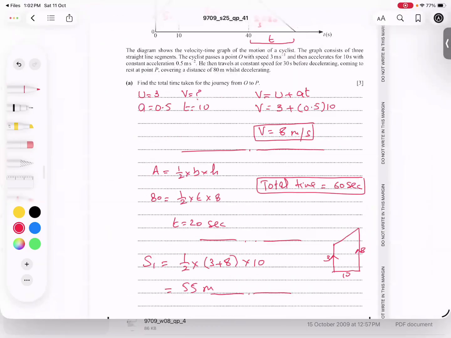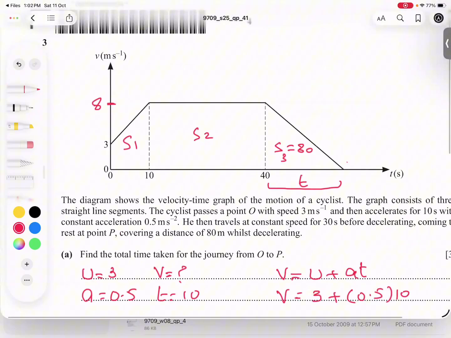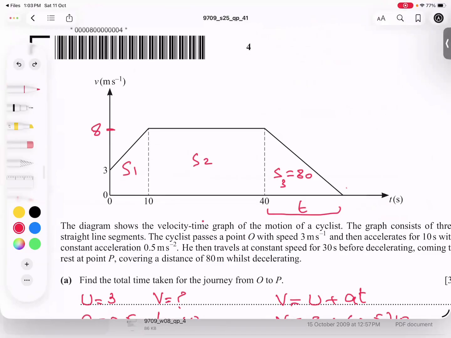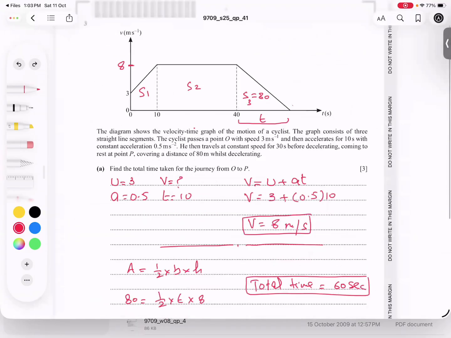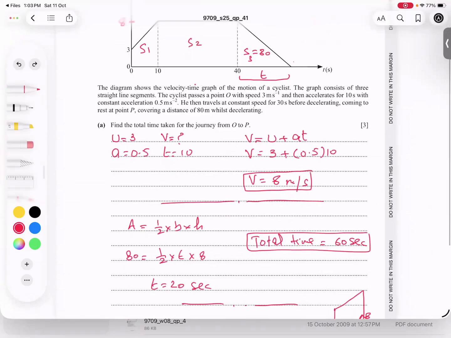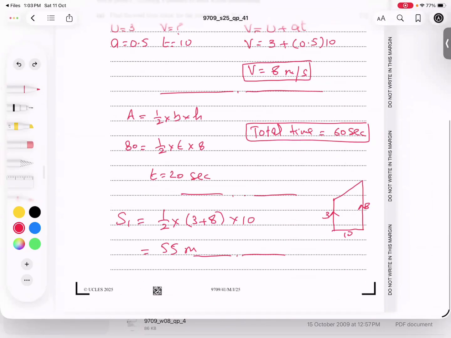So it means when the time is 10, the distance is 55. And the third time is 30. What distance do I need to find? How to find the rectangle area? For the rectangle, this is 30 and this is 8. So 30 into 8, 240. So what is distance S2?